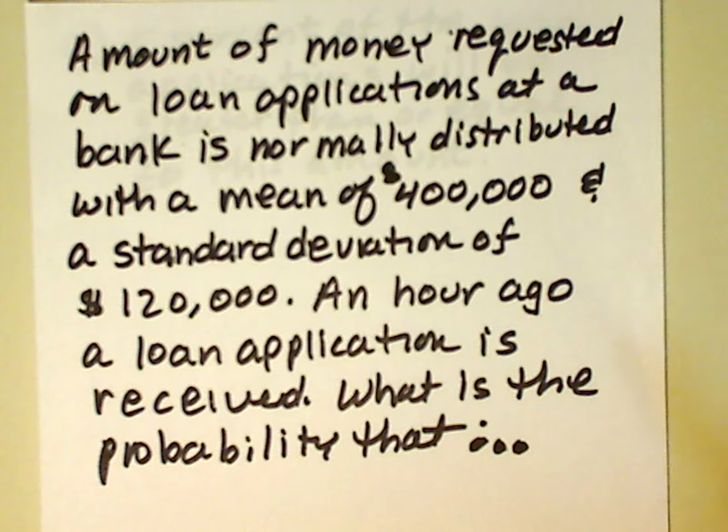And here's the problem. An amount of money requested on loan applications at a bank is normally distributed with a mean of 400,000 and a standard deviation of 120,000. An hour ago, a loan application was received. What is the probability that? We had parts A and B on that.